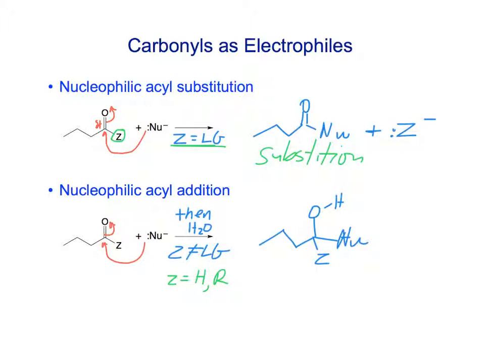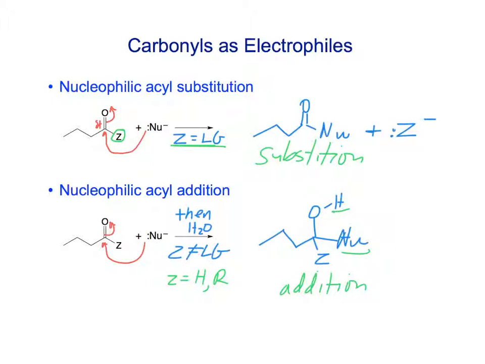We just add water, we protonate, and we end up with an addition reaction, just like you learned for addition reactions to alkenes. We added some nucleophile to one carbon and an H to the other side. So this was the first thing we learned, carbonyls as electrophiles.